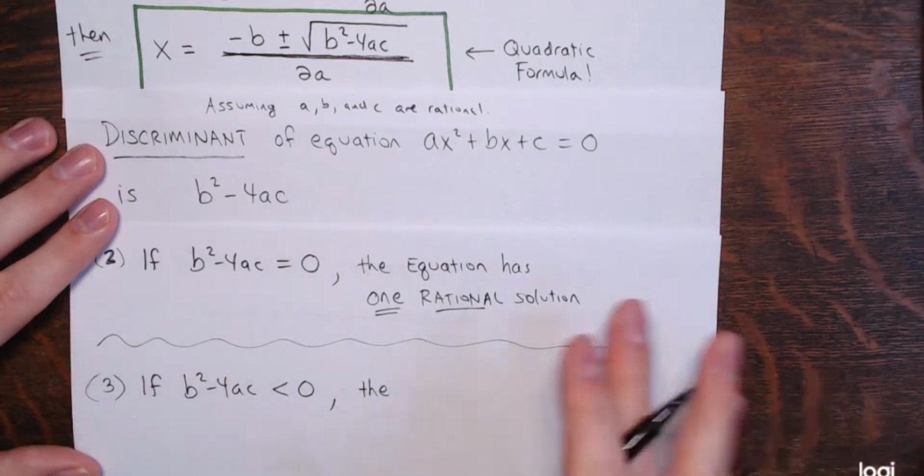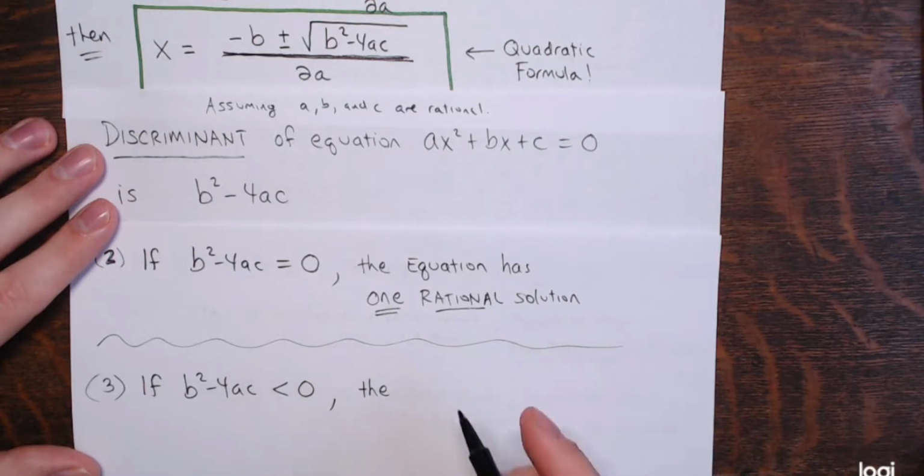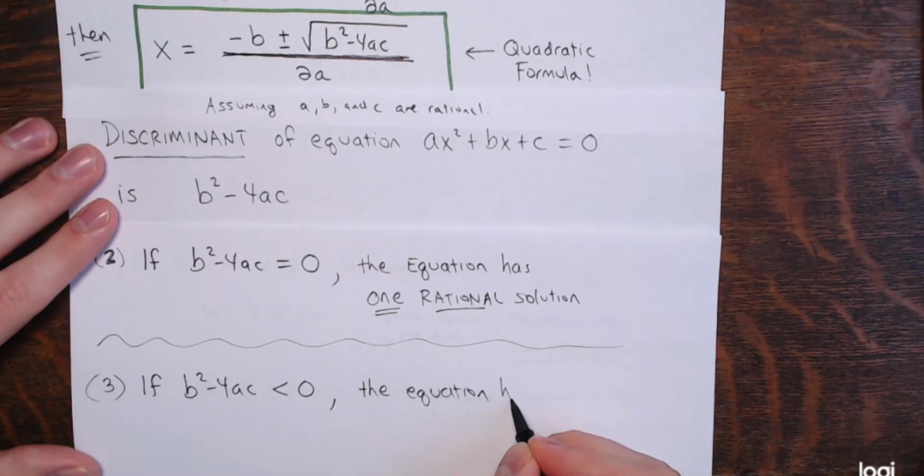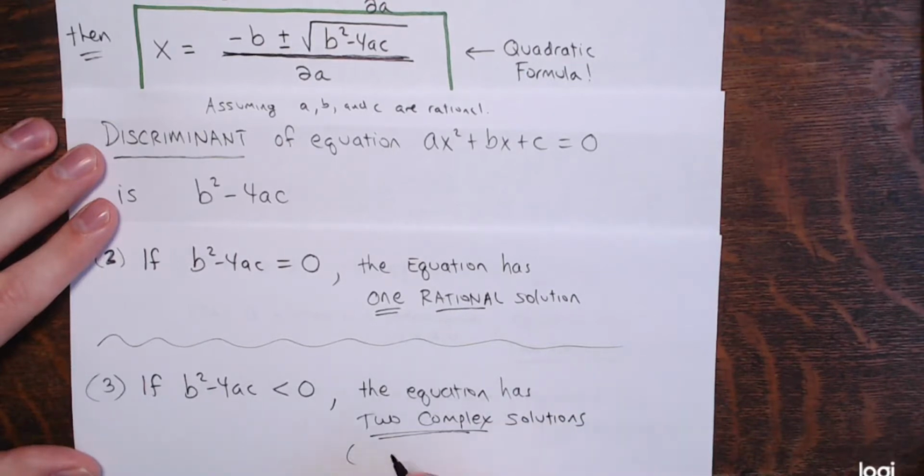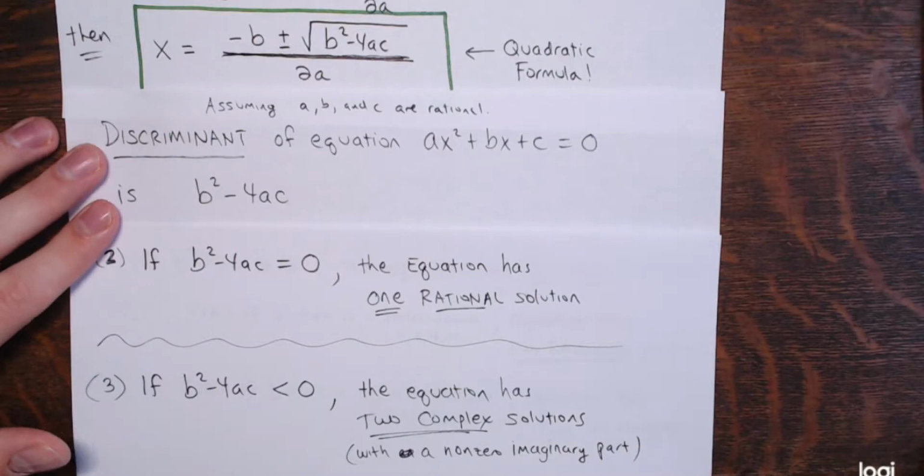Real numbers are complex by themselves, but when they're saying here the equation has two complex solutions, I'm going to add the little note with a non-zero imaginary part, right? There's actually an imaginary number involved. So I'll just write here with a non-zero imaginary part. Right? But two complex solutions.